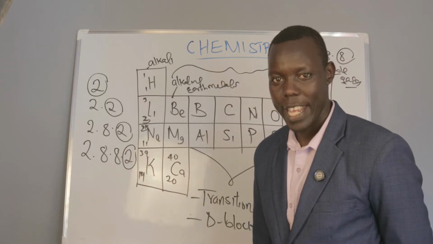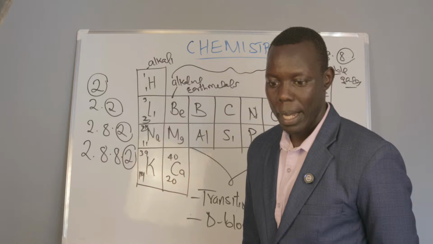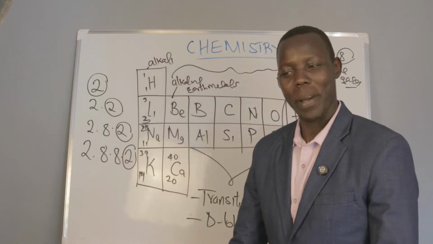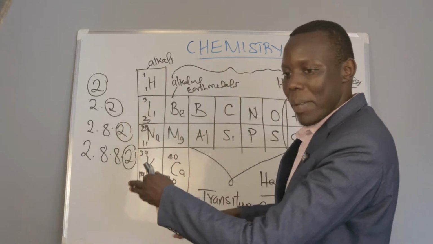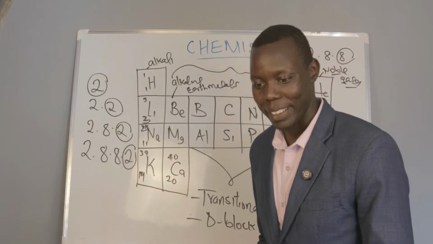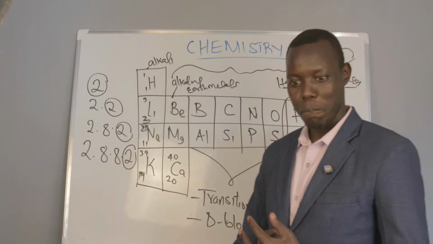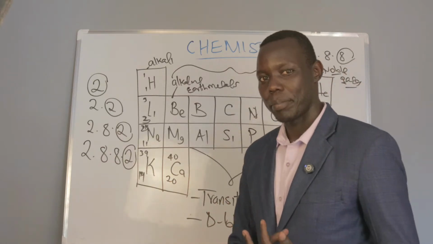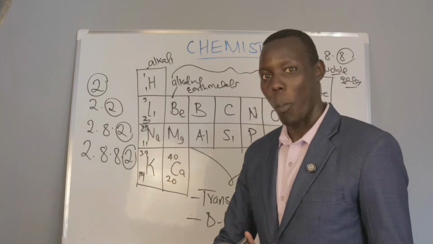That is why we are here, I will answer you right now. Elements which are found in between, in the middle of the periodic table, are called transitional elements. Examples of transitional elements: iron metal, copper.